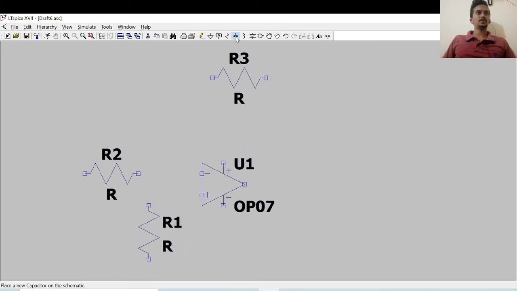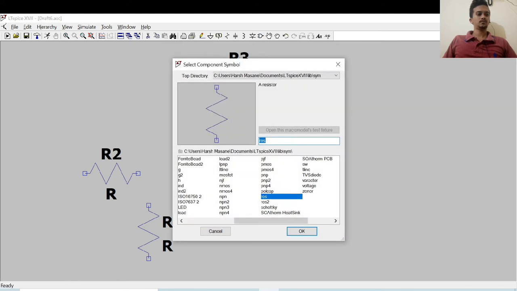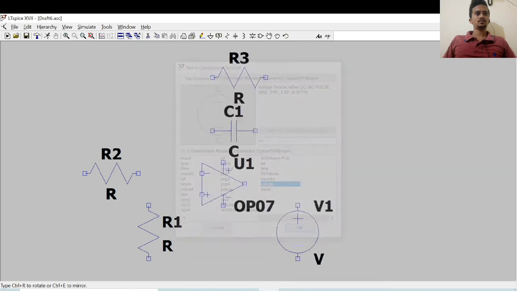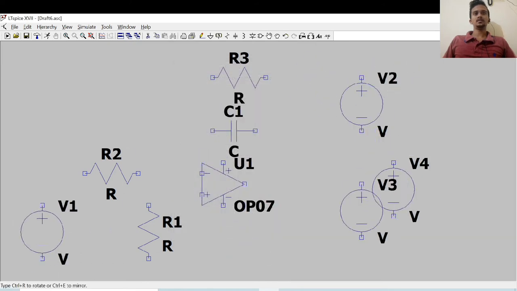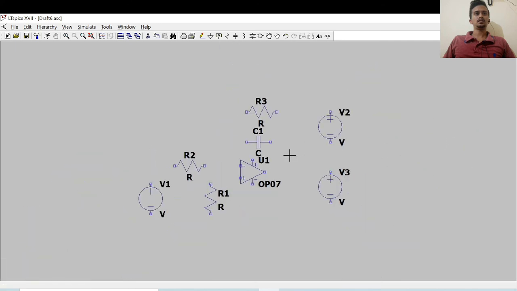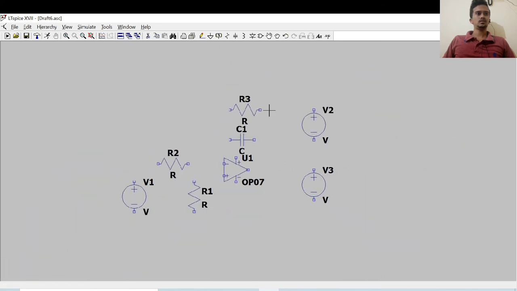Now we'll require a capacitor. Now we require a supply, the input supply, and the plus VCC and minus VCC. So let's place the components properly.